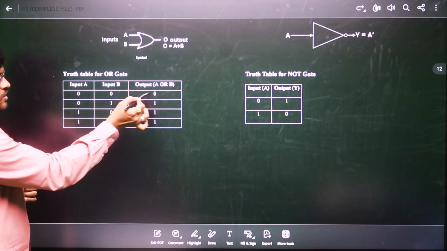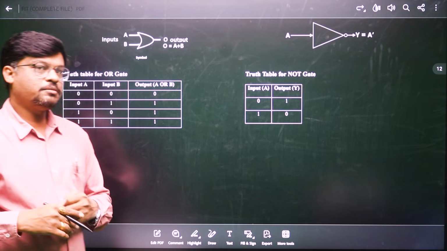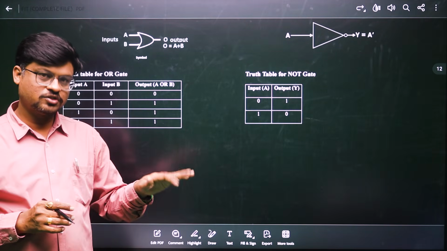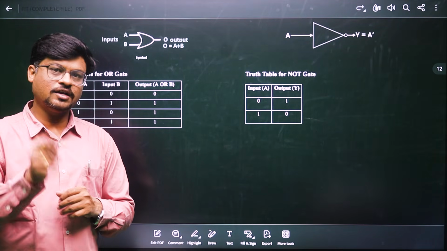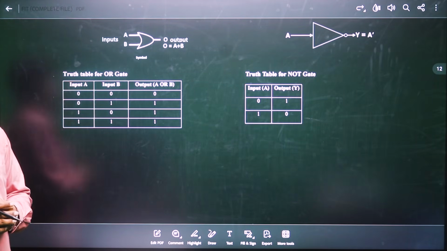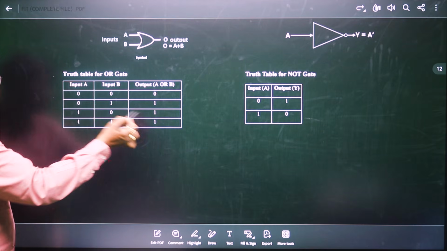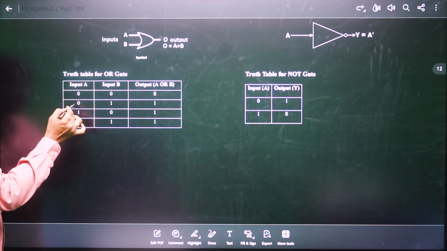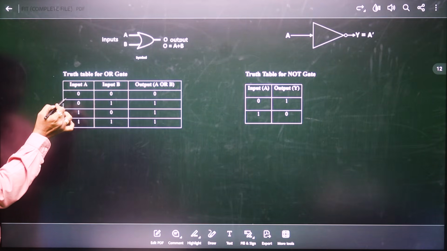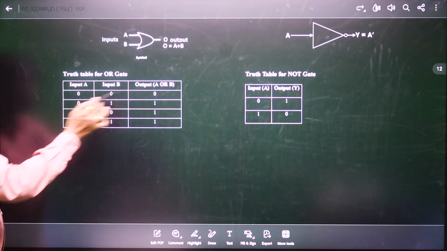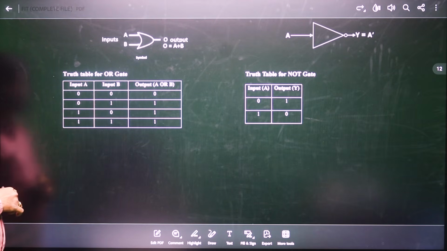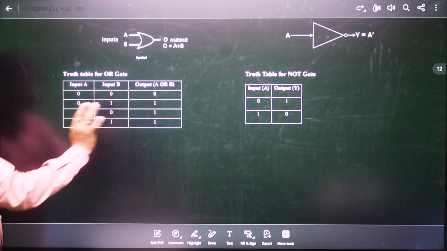False or false is false. Logical OR becomes false only when both the inputs are false. If at least one input is true, logical OR is true. Look at the last column of output. You have three possibilities of true, when at least input A or input B is true. If input A is false, input B is true, answer is true. Input A is true, input B is false, answer is true. Input A is true, B is true, answer is true.